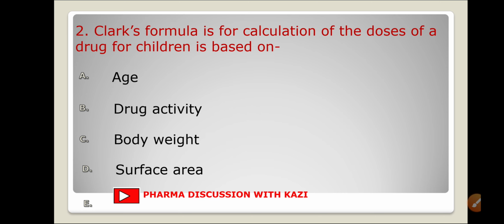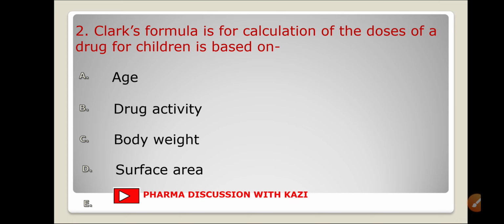Next question. Clark's formula for calculation of the doses of a drug for children is based on: the options are age, drug activity, body weight, surface area.